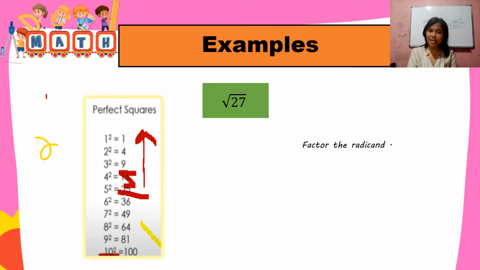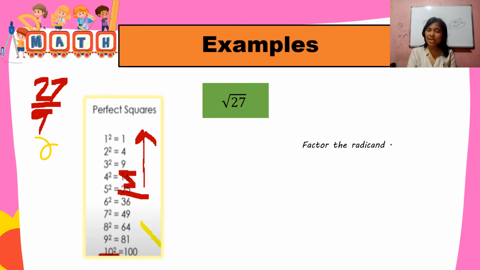And 27 divided by 9, wait lang. Paano ba yan? Nagkakalat na naman ako. Okay. So, ganito. So, yung 27, divide mo siya sa 9, meron kang 3.